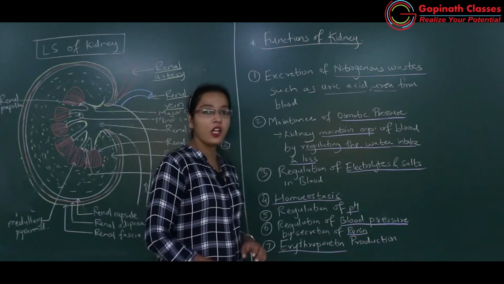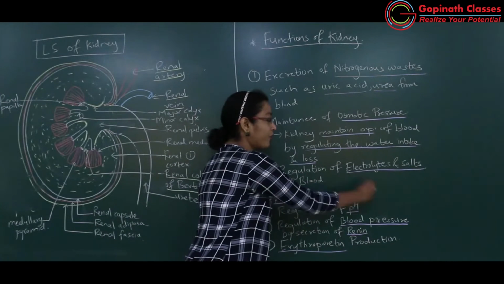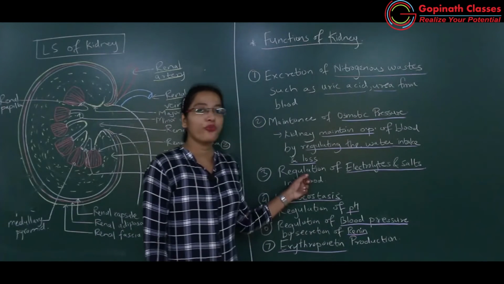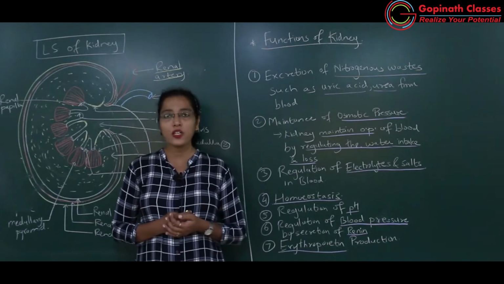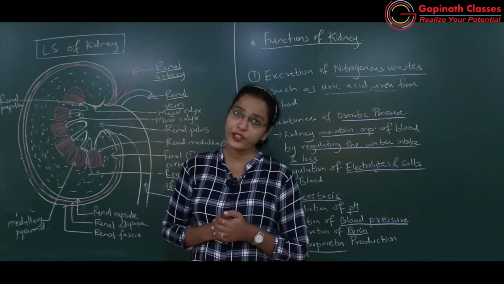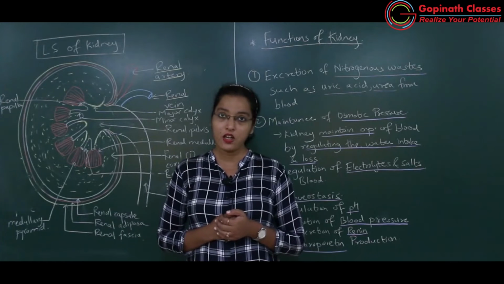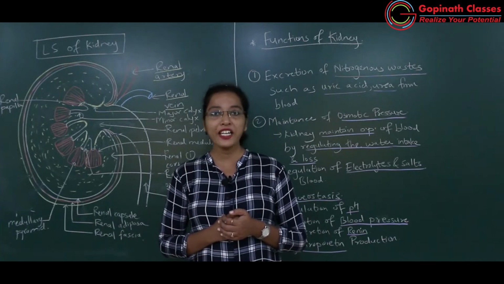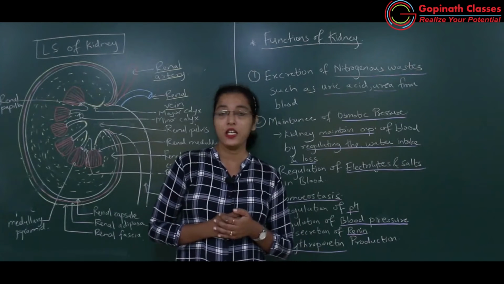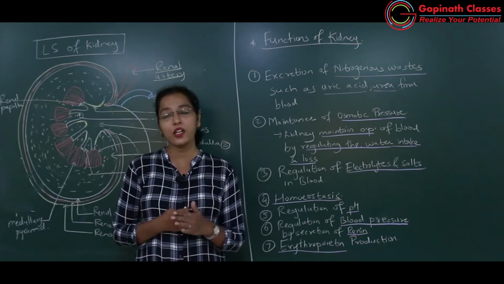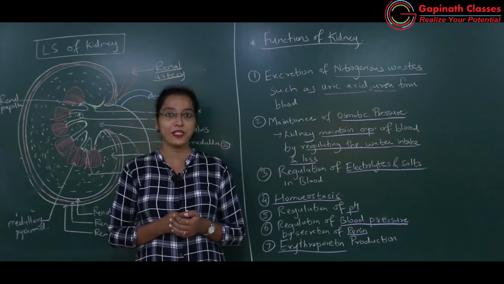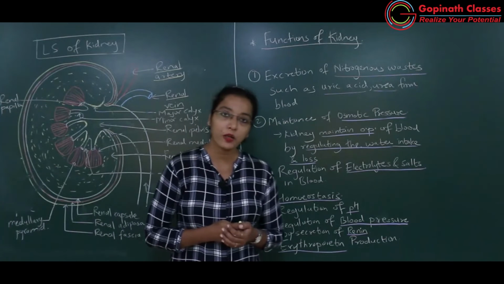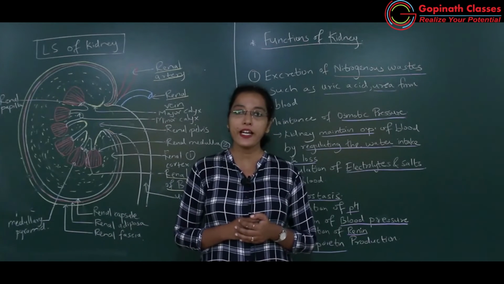Then third function, it is also responsible for regulation of electrolytes and salts in the blood. Electrolytes and salts in the sense, in the blood not only water is there, what else is there? Blood has 90 to 92% water definitely, but in the blood there are many different salts as well as ions present, such as sodium ions, potassium ions, chloride ions.